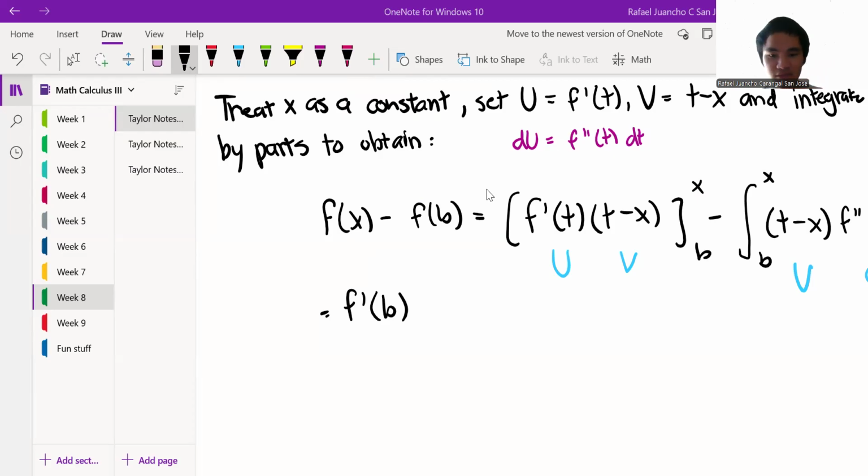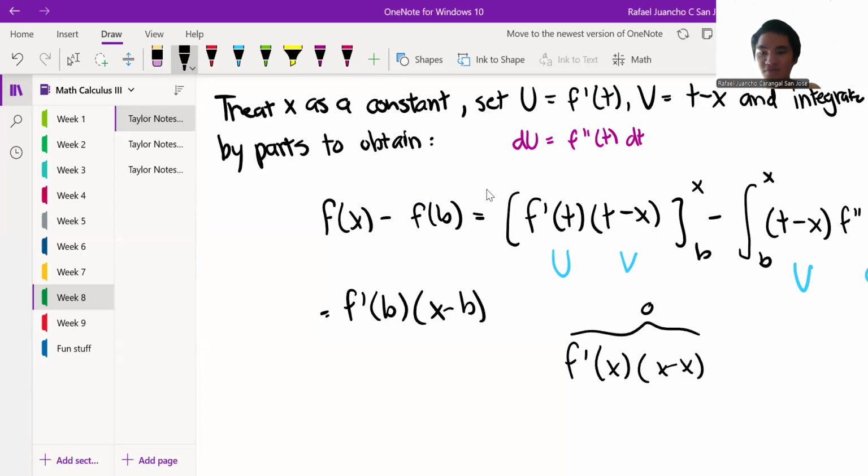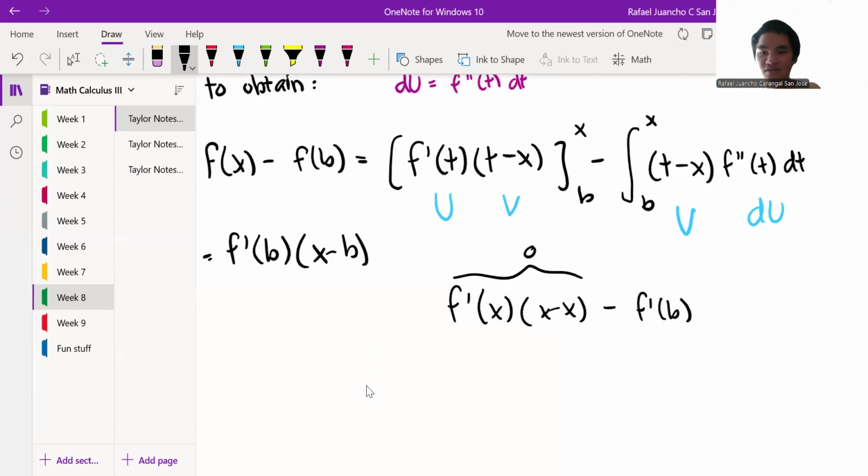Do I plug it in t? Really? Oh, that's funny, because I got x minus b. I'm pretty sure, yeah, I plug in t, so I get f prime of x, x minus x, so everything here is just 0. Minus, and then we get f prime of b, and then we get b minus x.